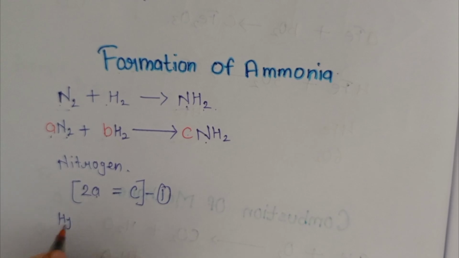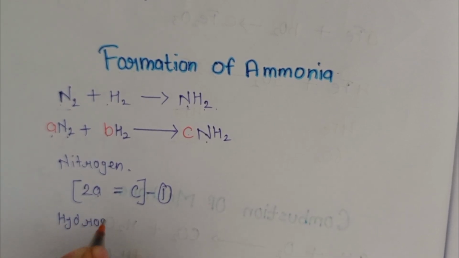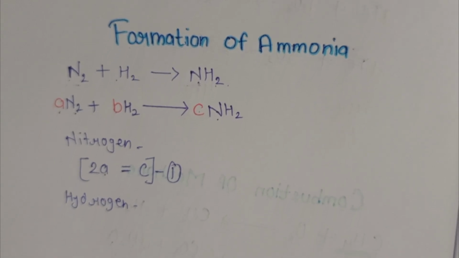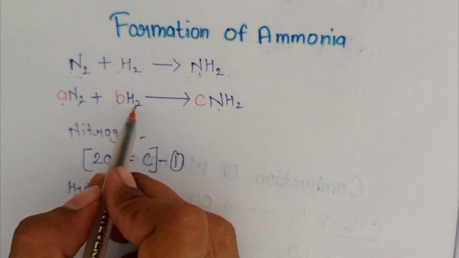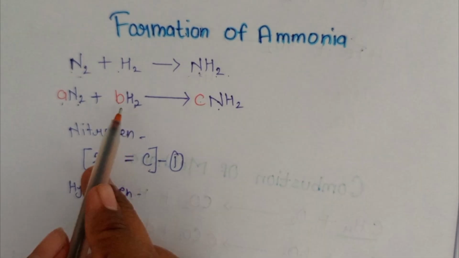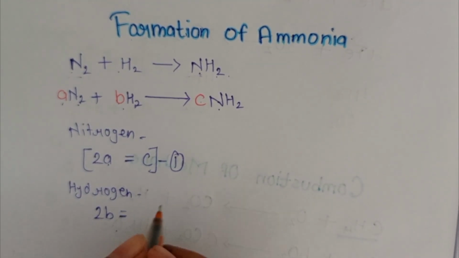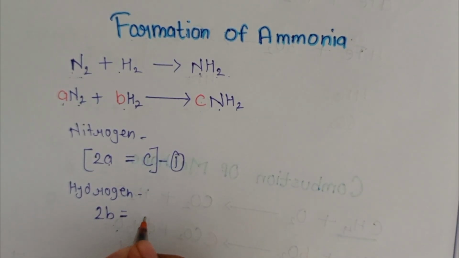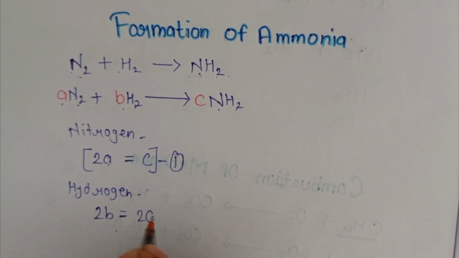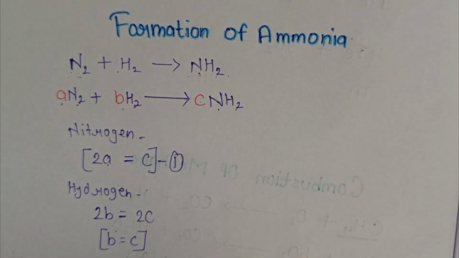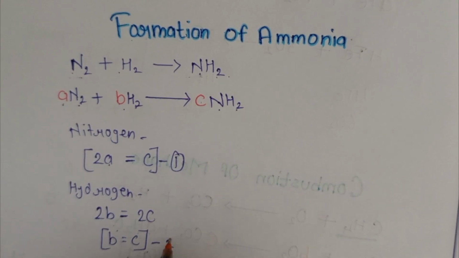For hydrogen, we have 2 hydrogen atoms on left hand side and the coefficient is B. 2B is equals to 3C, means coefficient is C and 3 atoms. On further solving this, we will get B is equals to C. Okay, we'll give it equation number 2.